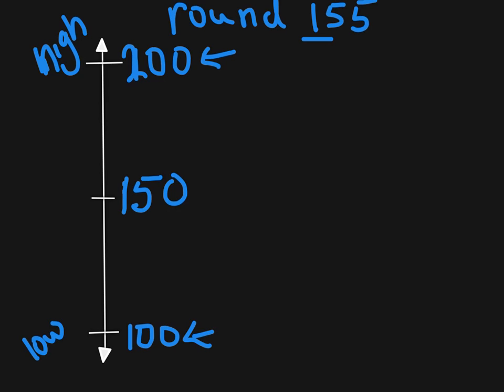Then I'm going to take the number that I'm rounding and I'm going to put it on the number line. So I need to compare this number to my midpoint. This is why we've been working on comparing numbers and decimals for the last few days. Now 155 is going to be just a little bit larger than 150.